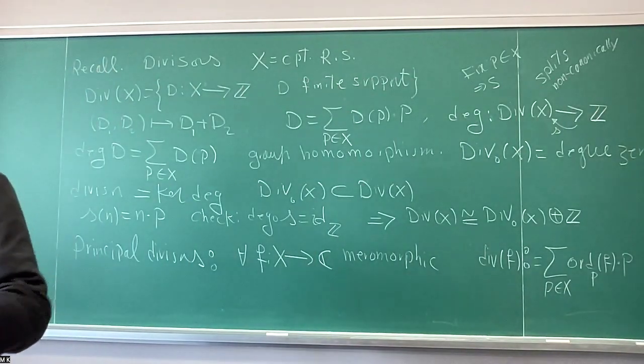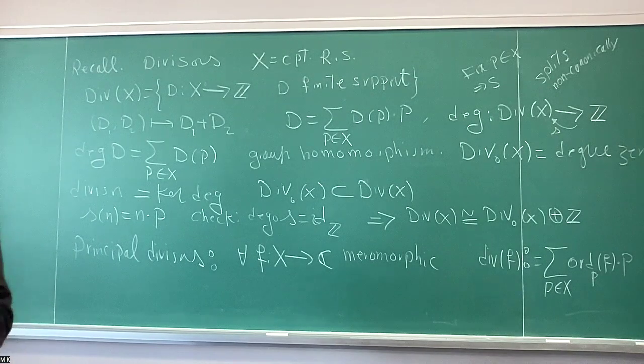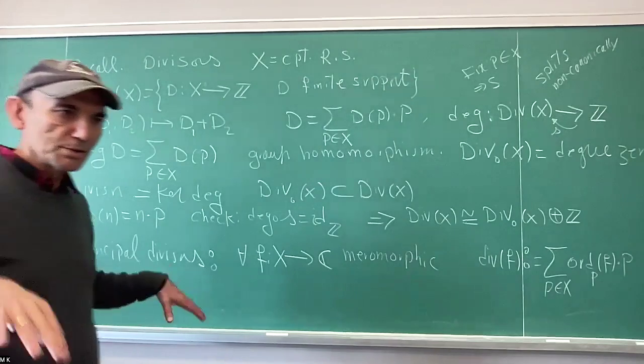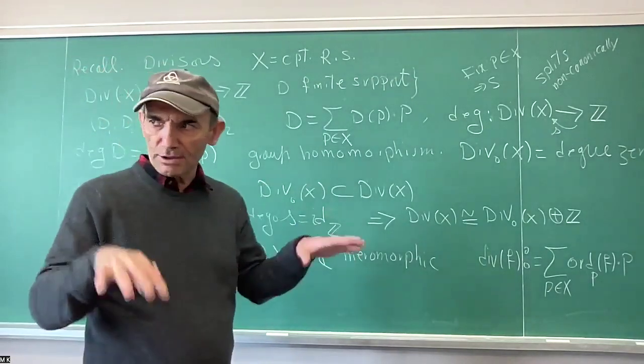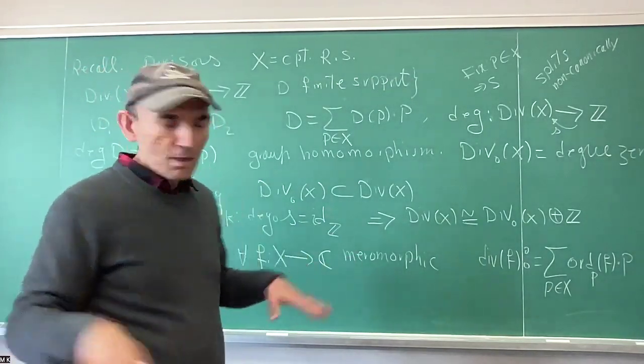If it is a pole, it's negative; if it is a zero, it's positive with that order. At all other points that are not poles or zeros, it is zero.